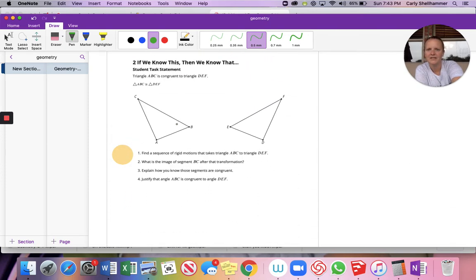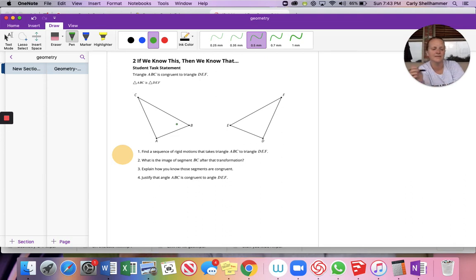All right, so let's keep going. Section 2 says, if we know this, then we know that. So triangle ABC is congruent to triangle DEF. And this is how we would write it in really cool geometry terms. And this is how I usually write things.